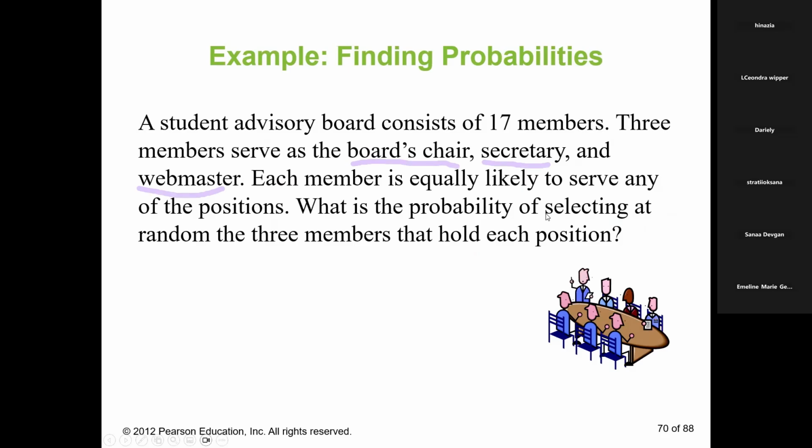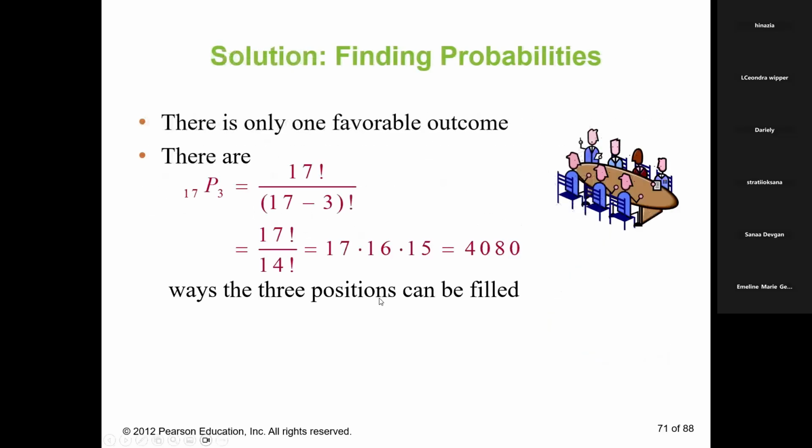Now, they ask what is the probability of selecting at random the 3 members that hold each position. First, you find there's only one favorable outcome. There are 17 members, you select 3 among 17. So that gives you 4,080 ways the 3 positions can be filled. Now, what is the probability?